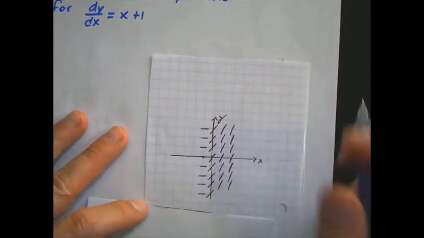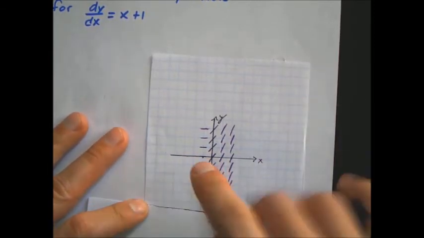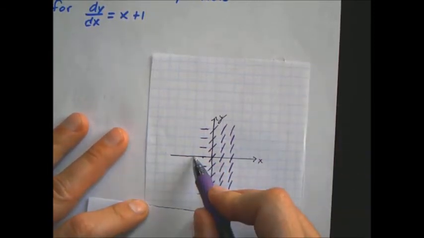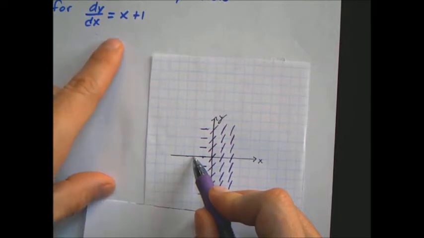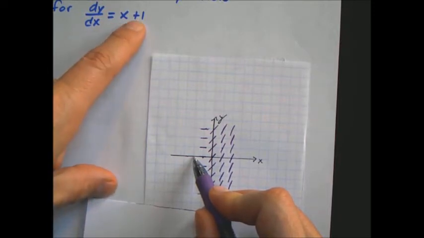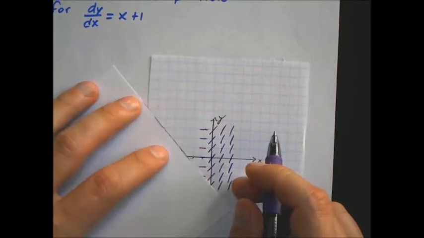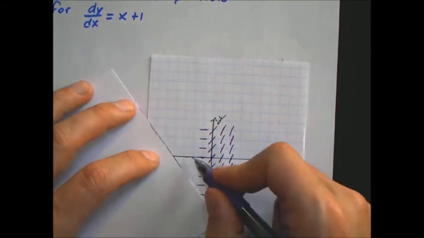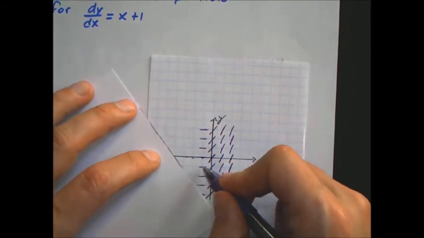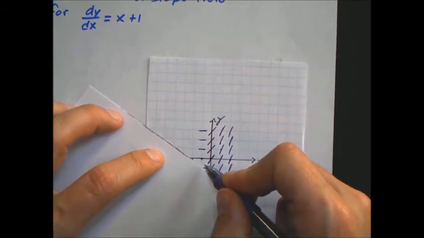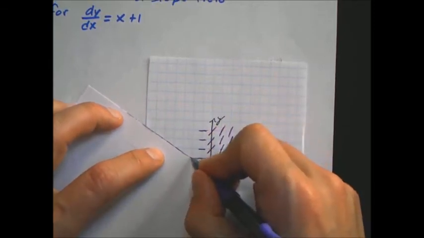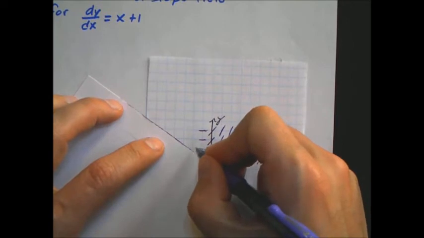Now if I move another unit to the left, x equal to negative 2, negative 2 plus 1 is negative 1. So now all these are going to have a slope of negative 1. So I have to go down 1 over 1. That's how you angle your ruler. Let me draw another line segment that way.